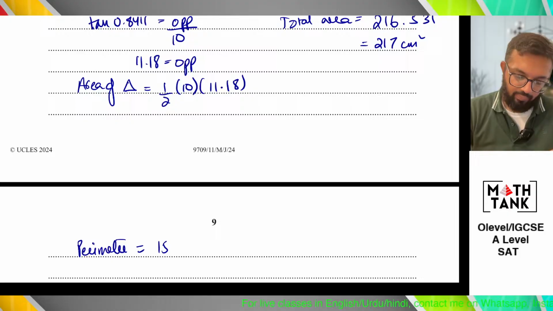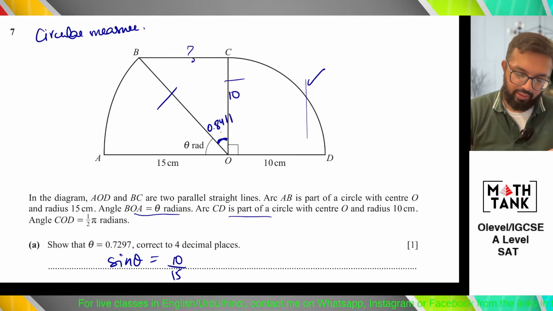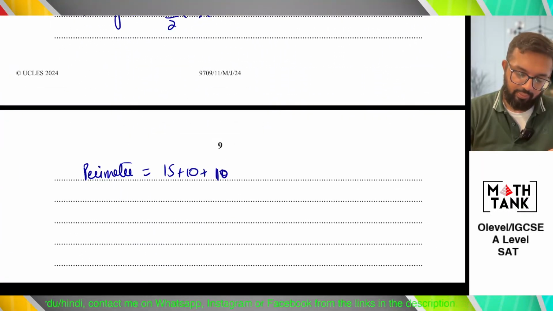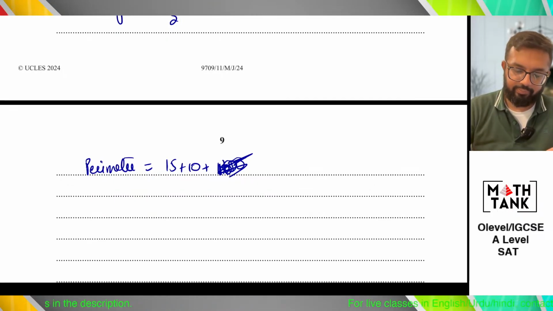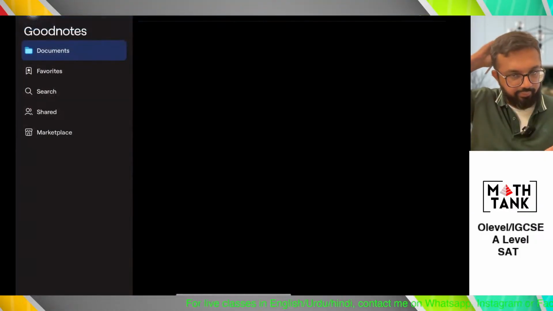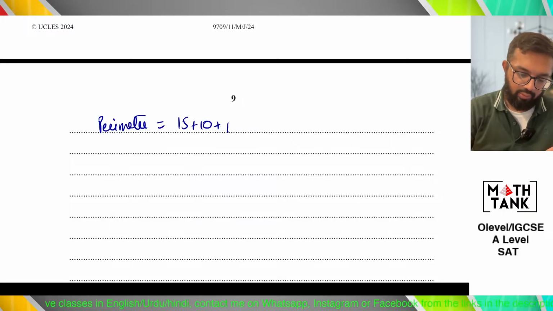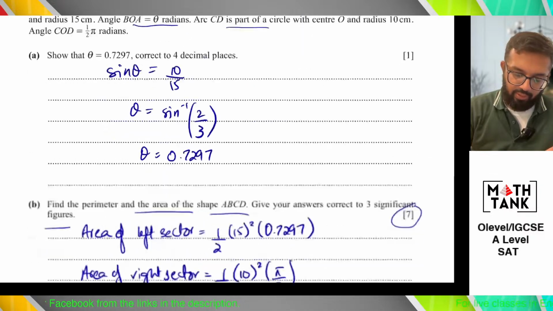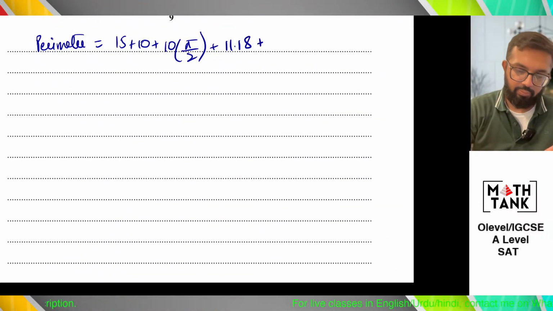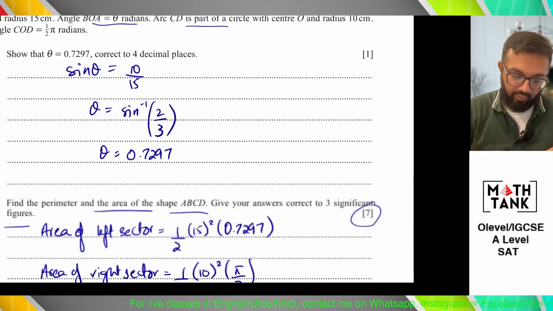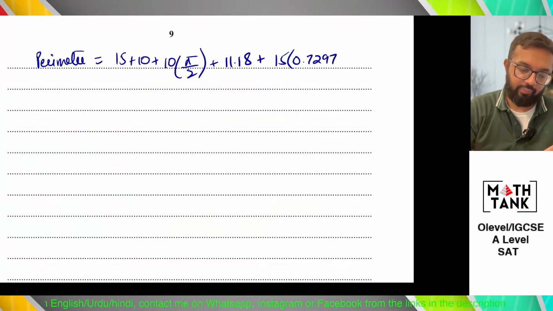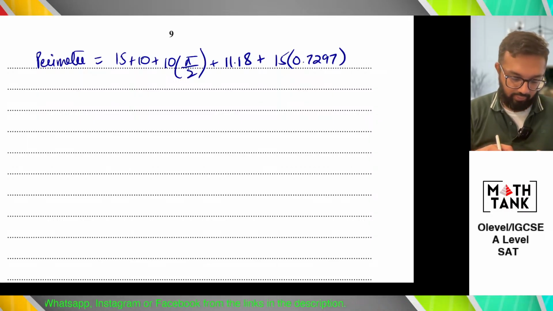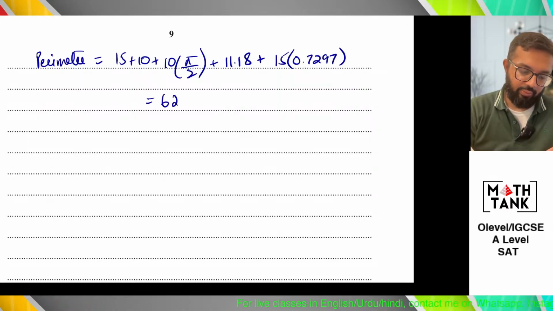You're going to say 15 plus 10 plus the arc length here, CD, that's r theta, into pi over 2, plus 11.18, plus the other arc length, 15 into 0.72, in centimeters.